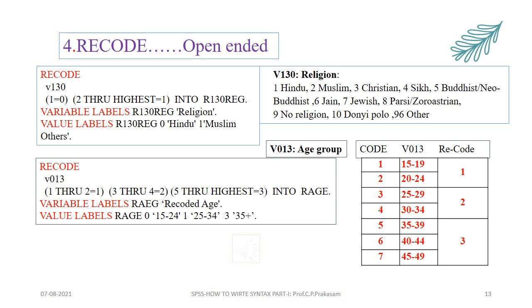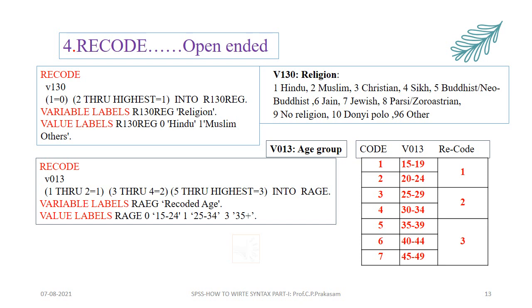Another example is age group. V013 is age group, which has been coded as 1 equals 15 to 19 years of age, 2 equals 20 to 24, and so on, and 45 to 49 equals 7. We want to make it into 3 groups. Therefore, if you look at the left side, recode V013, 1 through 2 equals 1. That is 15 to 19 and 20 to 24, which have been coded as 1 and 2.